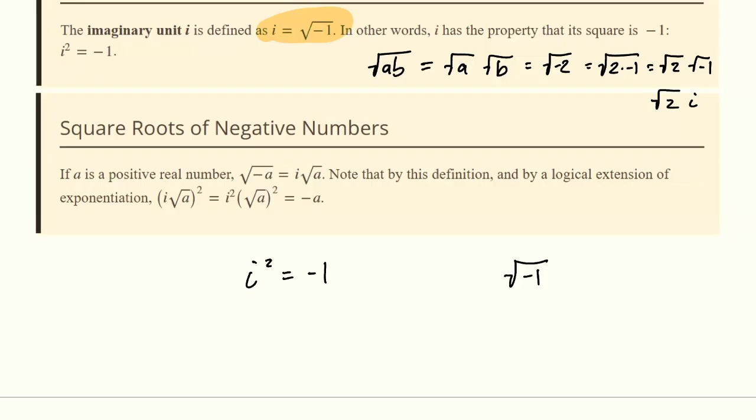It's always raise it to the power that matches the index. Remember, the index is the little number that sits right here, and we know that's a 2, which we wouldn't put with a square root. So when we raise this to a power of 2, this turns into -1. That's why i squared turns into -1. So anytime in your processes, if you get i squared, your muscle memory needs to go to: I don't have i squared, I have -1.